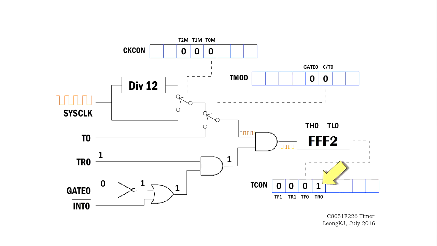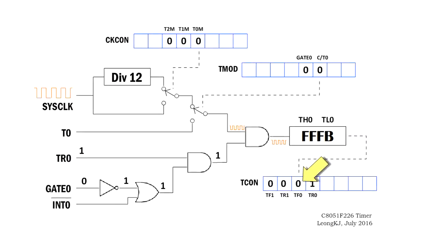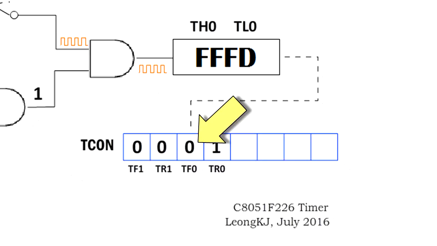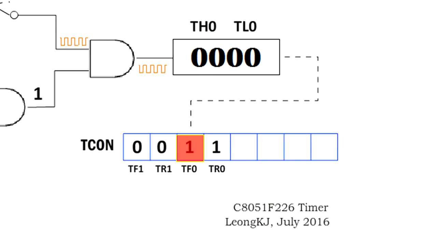Let's start the timer. Observe the timer 0 overflow flag as the timer overflows. The timer has overflowed and the timer 0 overflow flag is set to 1. After overflow, the timer continues to run as long as the timer 0 run control bit is 1. The timer 0 overflow flag can be cleared to 0 by software. Let's stop the timer by clearing the timer 0 run control bit.